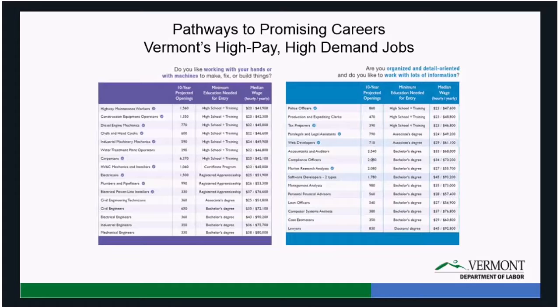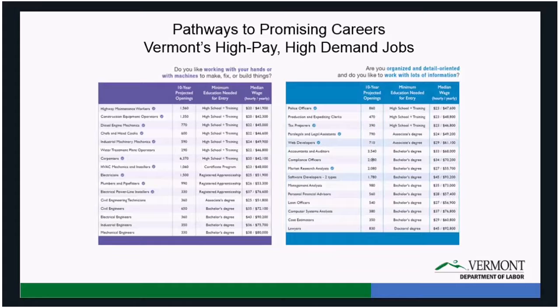So amongst working with your hands and machines, highway maintenance workers require a high school diploma, whereas HVAC mechanics and installers require a certificate program. And then further down the line, you can get to electrical engineers and civil engineers that require a bachelor's degree.